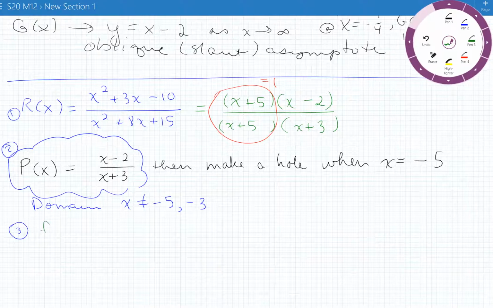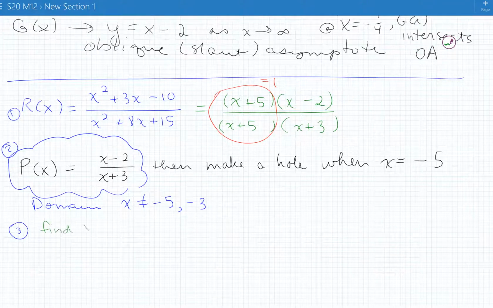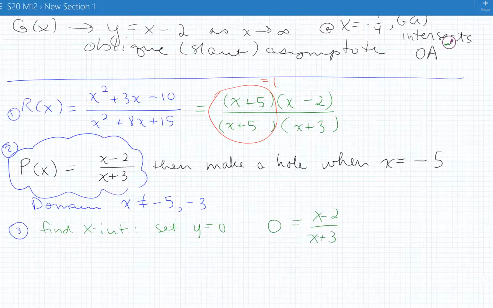So we're going to find x-intercepts by setting y equals 0. So we're going to say, when does x minus 2 over x plus 3 equal 0? And that happens when x equals 2. So (2, 0) is the x-intercept.